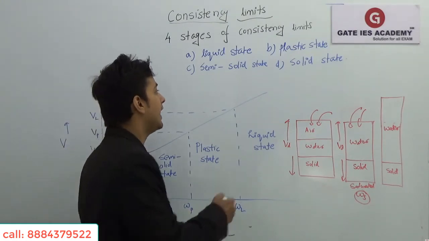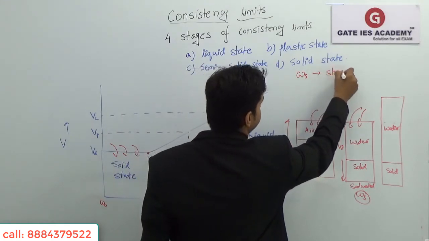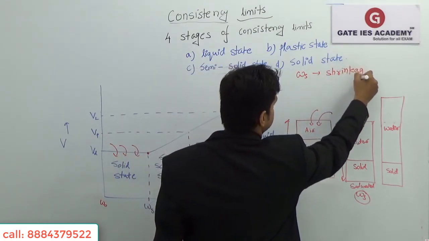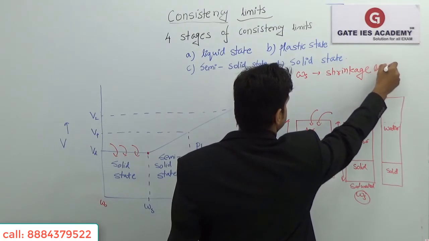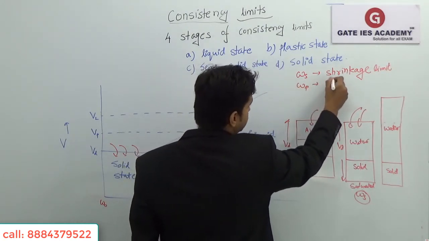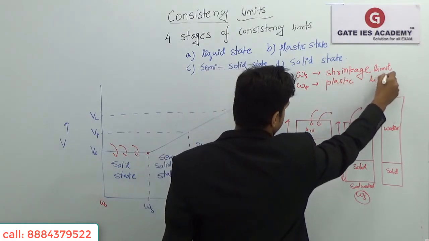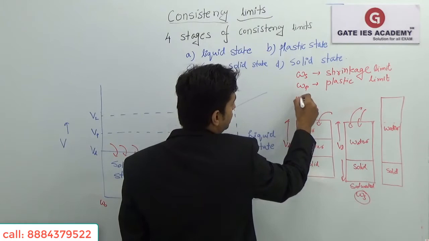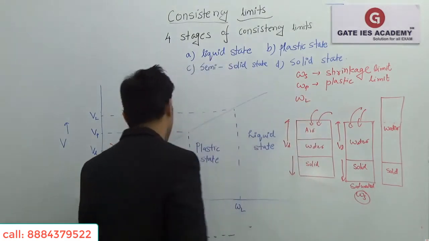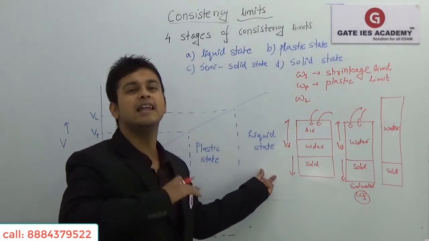So Ws is called the shrinkage limit, and Wp is called the plastic limit. And then WL: after the plastic state, the system will tend towards the liquid state.